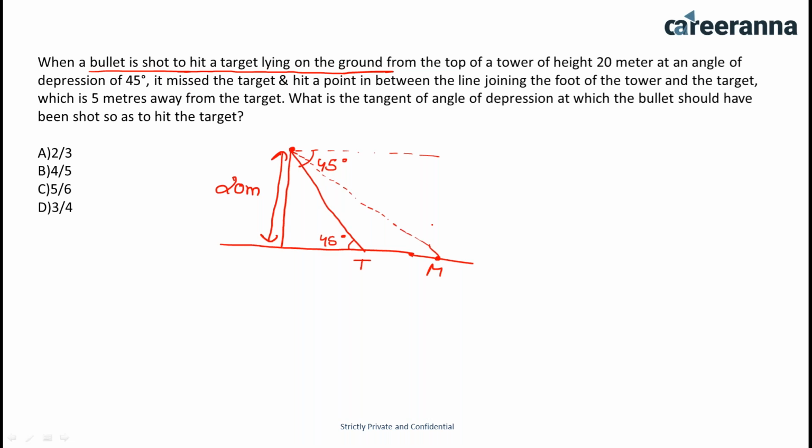This is the missing point, you can say M, and the distance from here to here is 5 meters. The actual path for that bullet is this, that is 45 degrees. The question is saying that the bullet missed the target by 5 meters. So what is the tangent of the angle of depression at which the bullet should be shot so it hits the target? Okay, so you have to find out this particular angle. I think now the question is clear to you and you can solve this.